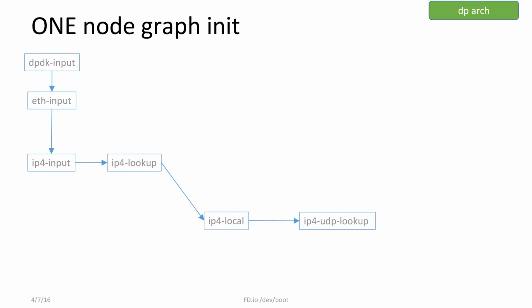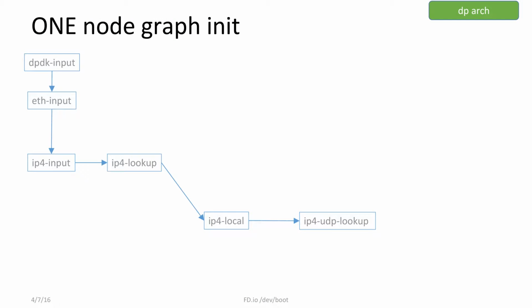So let's now see how this maps onto VPP, again at a very high level, and then we'll dive into the code. From VPP's perspective, in the data path architecture, you've seen this all week, there is the list of nodes that would be traversed if we receive a packet on DPDK input.